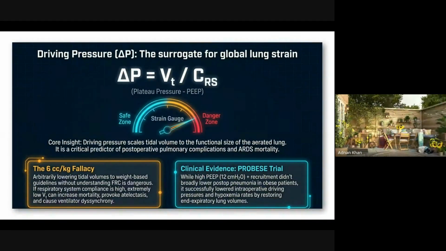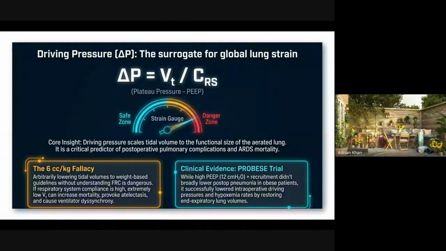Now, the driving pressure is the surrogate for the global lung strain. It is calculated as the plateau pressure minus PEEP, or alternatively, the tidal volume divided by the respiratory system compliance. In simple terms, the driving pressure tells us how much pressure is required to deliver a given tidal volume into the available aerated lung.